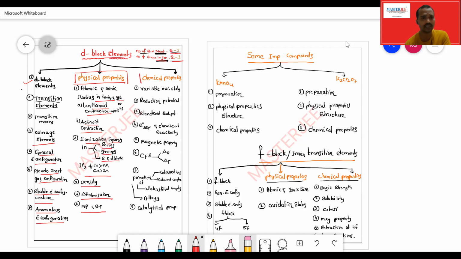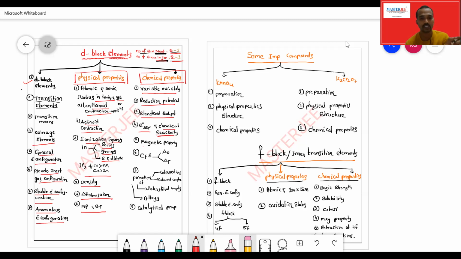Next, we have to discuss chemical properties. In chemical properties, what I have to discuss is variable oxidation states, reduction potential, standard reduction potential, and how standard reduction potential and chemical reactivity are correlated with each other.